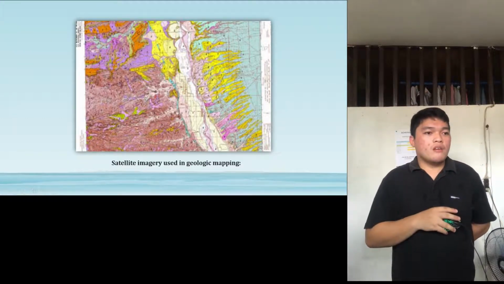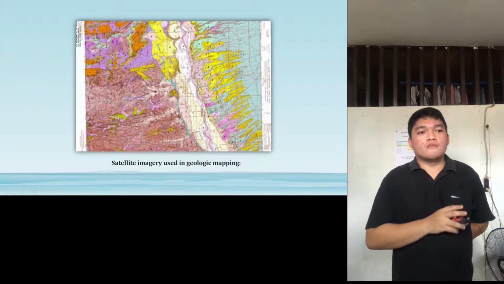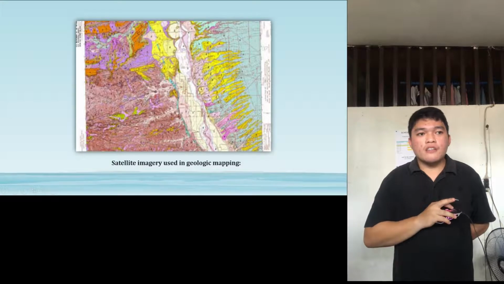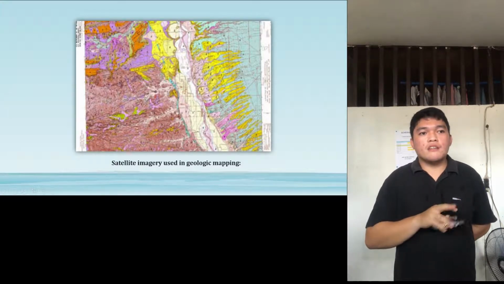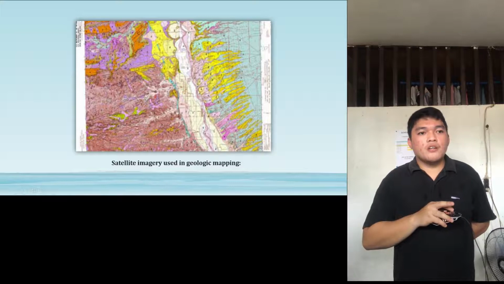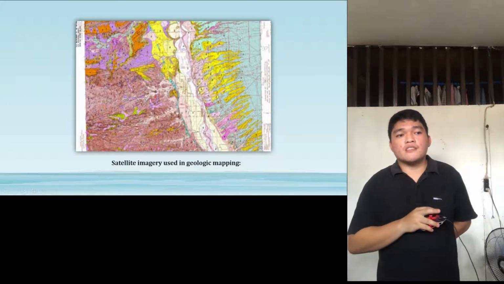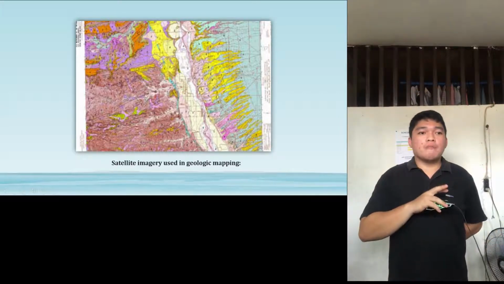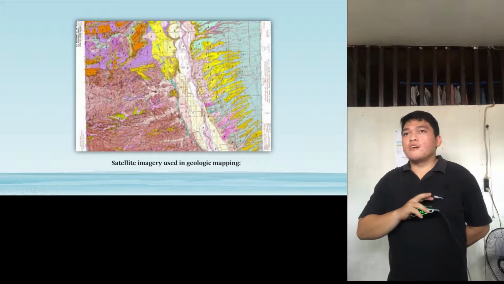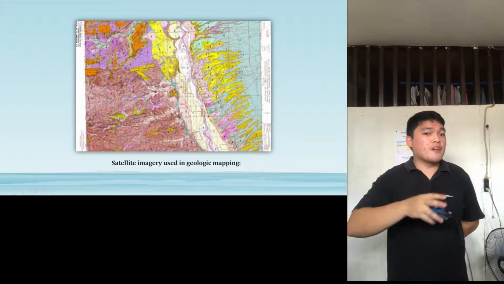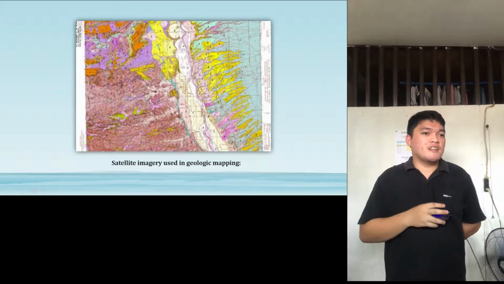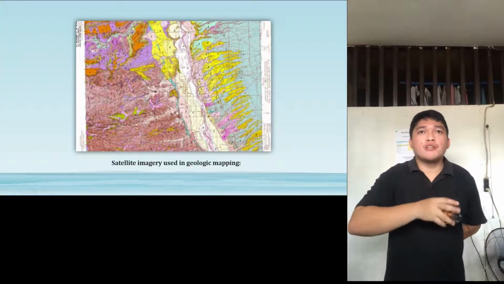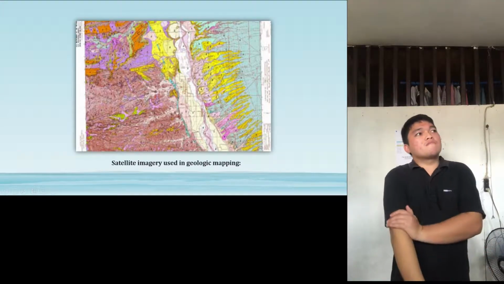But we also need to do it by ourselves, because there are certain cases that the satellite will not capture a newly formed river or lake, because it cannot capture it.